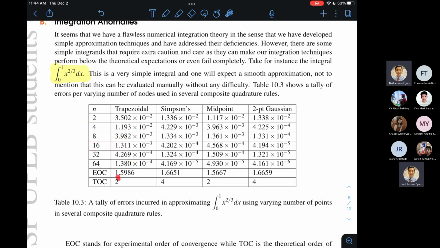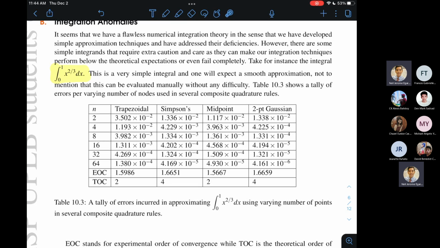Pero ang ini-expect natin sa trapezoidal rule, dapat ang order of convergence niya ay 2. So ibig sabihin, nag-underperform yung machine implementation natin ng trapezoidal rule compared doon sa theoretical order of convergence, right?